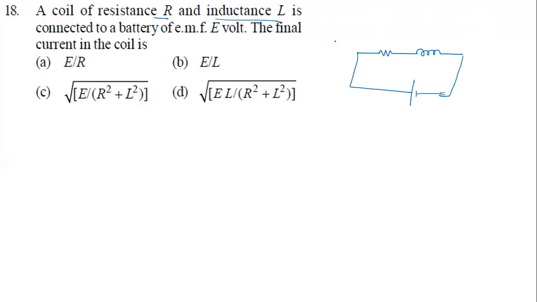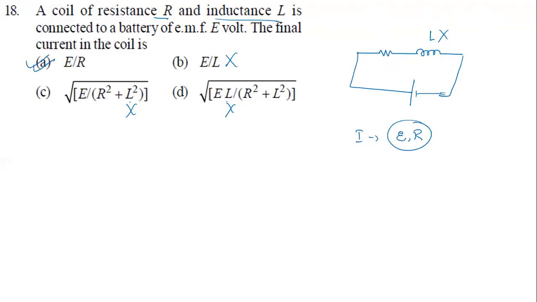As we have already solved in the previous question, the final value of current depends on two things: the EMF of the battery and the resistance. Only these two. It does not depend on inductance. Where the inductance is in the equation, it is wrong. Here an inductor is there, wrong. So this is the right answer.